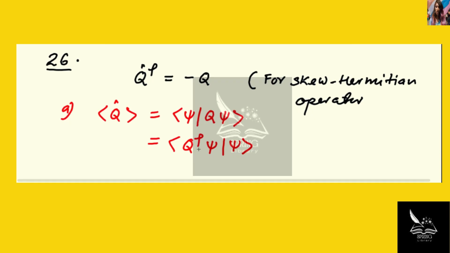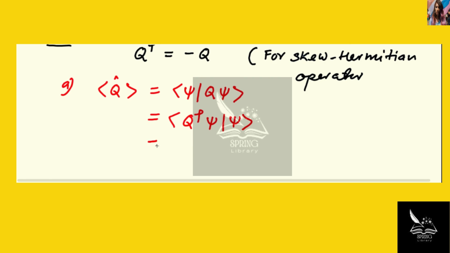Now it is given that Q dagger is equal to minus Q, so it will be minus Q psi, psi.